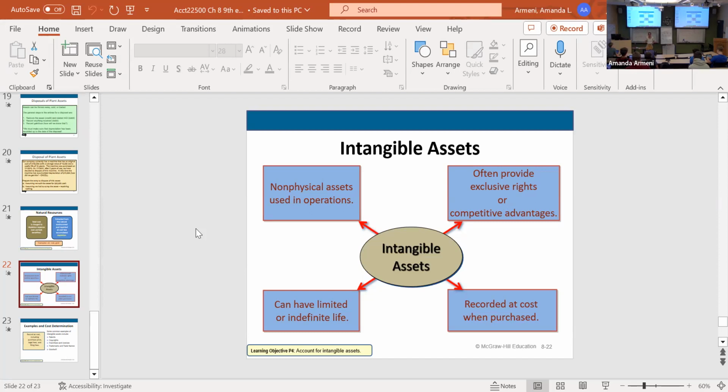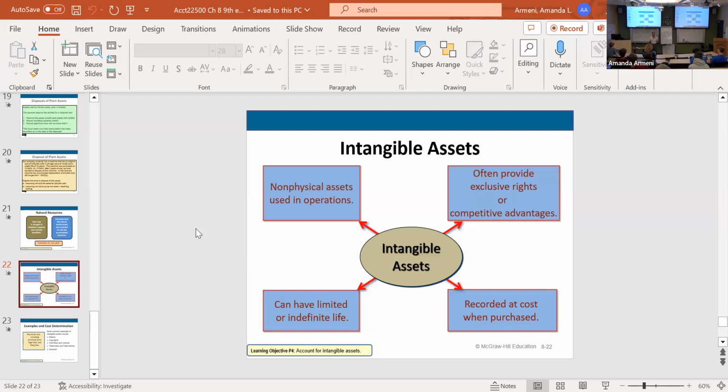So not the physical drug, that's inventory, but the patent that allows only that one pharmaceutical company to produce that specific drug for a period of time, okay? They have the exclusive right to do that. Isn't that an asset? It's something that they own, and don't they benefit from having it? They're the only ones that are allowed to produce that particular drug for a period of time, okay?